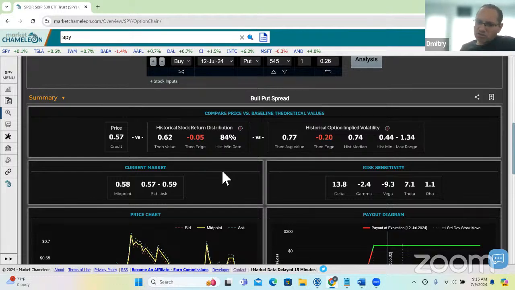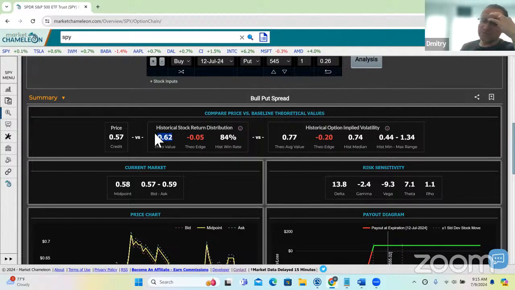on average, if we took the average of all those theoretical end values, sometimes the stock went down, this would have been worth more, sometimes it went up. On average, theoretical value was 62 cents.